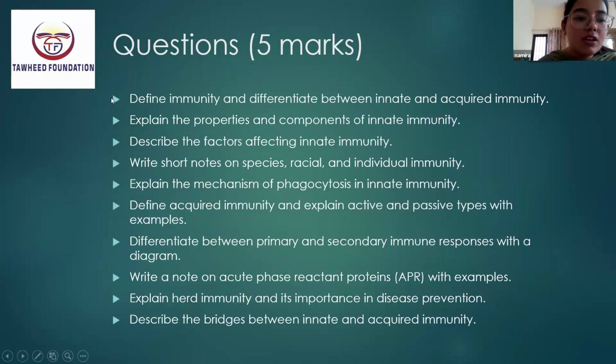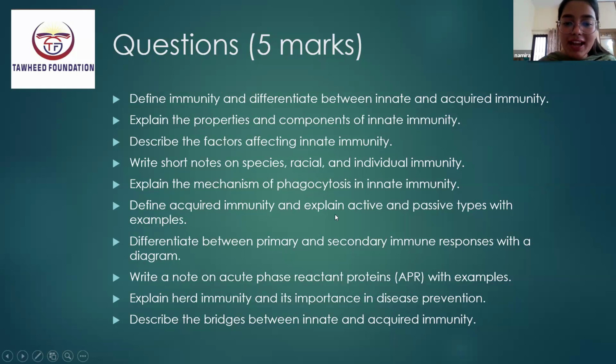5 mark questions. First, define immunity and differentiate between innate and acquired immunity. Explain the properties and components of innate immunity. Describe the factors affecting innate immunity. Write short notes on species, racial, and individual immunity. Explain the mechanism of phagocytosis in innate immunity.